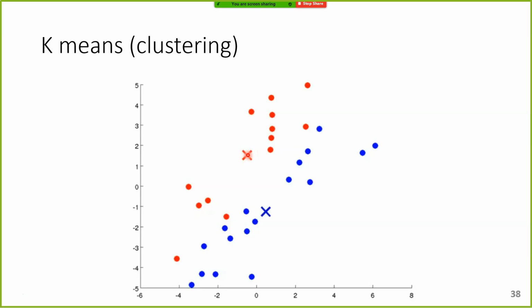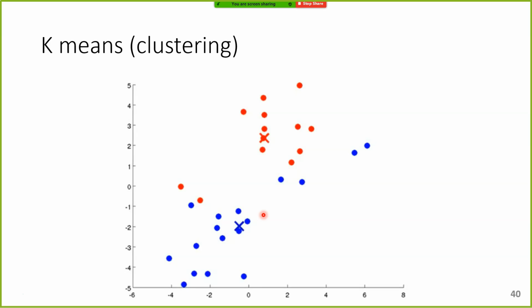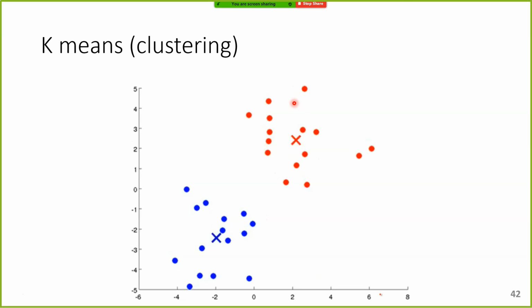Then we again repeat the same process. We start with each and every point, measure the distance of each point from both of these centroids, and then reallocate these points to one of these two classes. By repeating this process for some iterations, we will be able to cluster all these points into two different clusters.